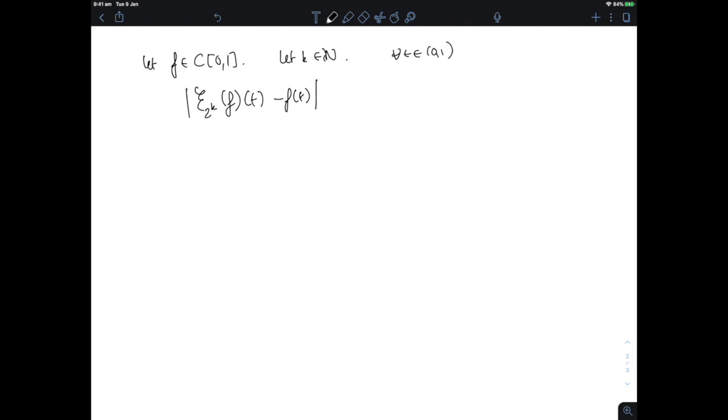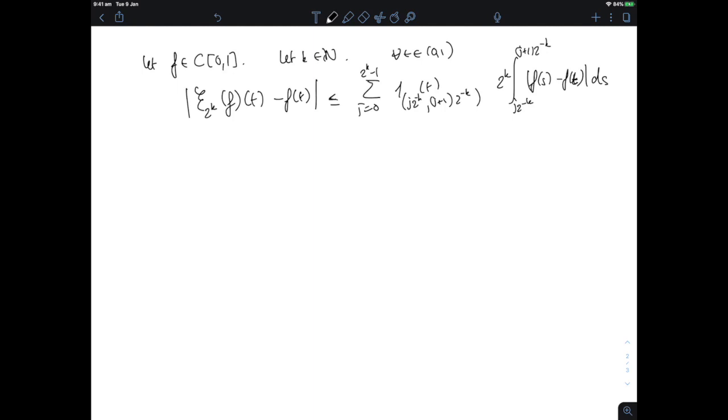Now this is going to be smaller than the sum of the indicator function of [j 2^{-k}, (j+1) 2^{-k}] of t, j running from 0 to 2^k minus 1, times 2^k times the integral from j 2^{-k} to (j+1) 2^{-k} of f of s minus f of t ds.